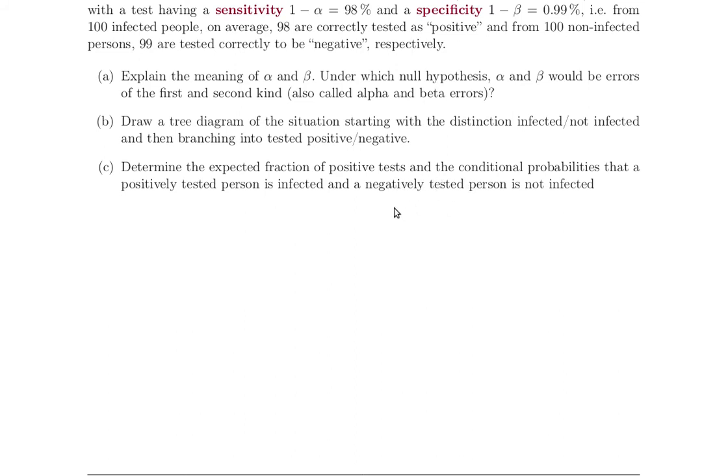So let's answer the first. That is just the unconditional probability that the test becomes positive. Basically, if you have this probability tree, you have just to count all the branches with a positive outcome.